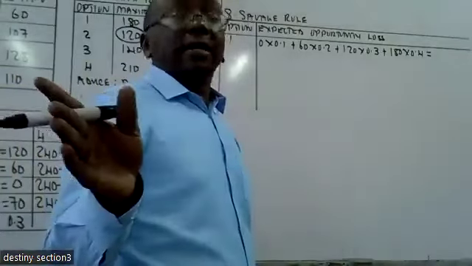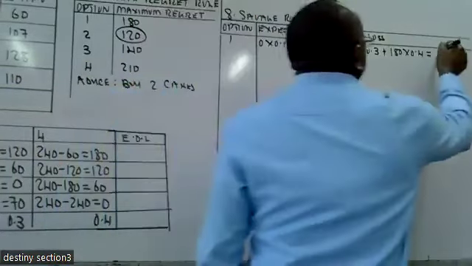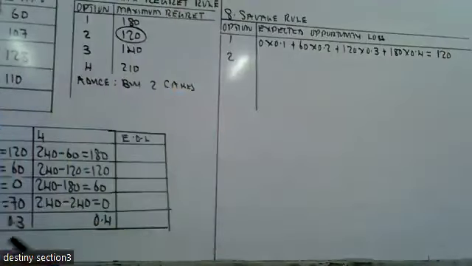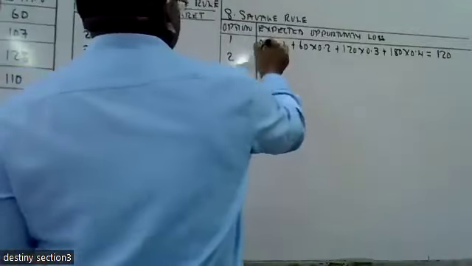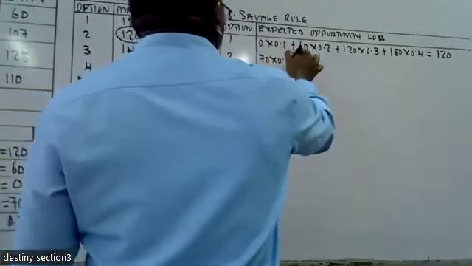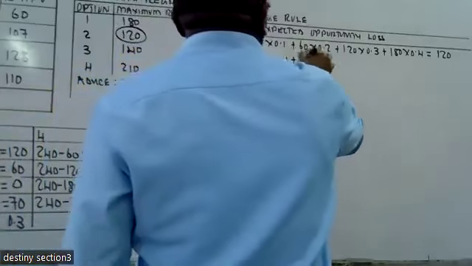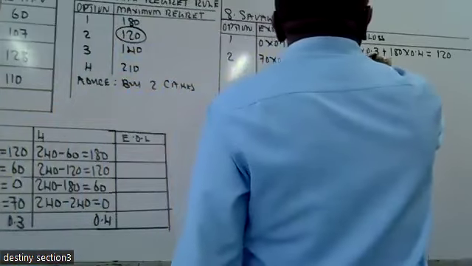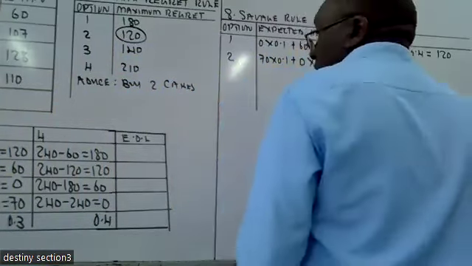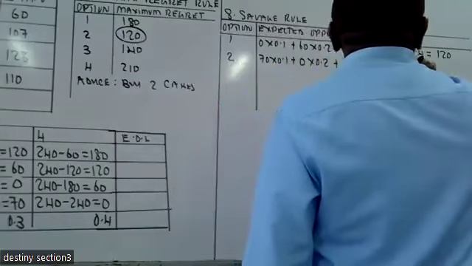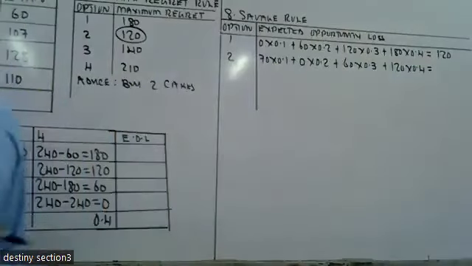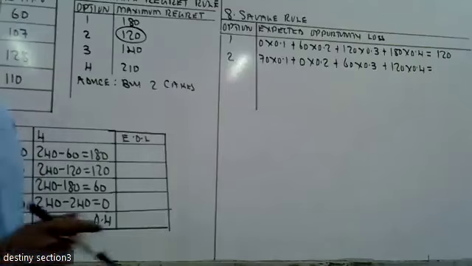Let's go with the popular one. Number 2, you will take 70 times 0.1 plus 0 times 0.2 plus 60 times 0.3 plus 120 times 0.4. That is 73.